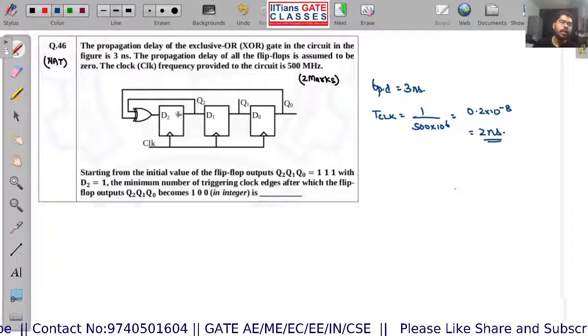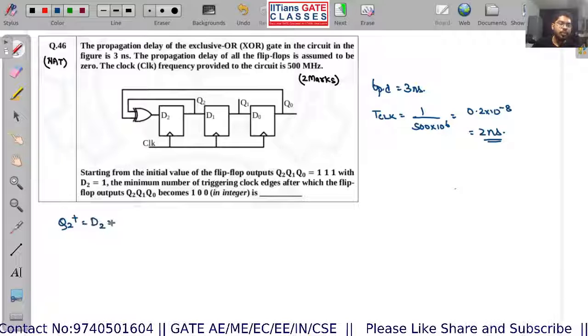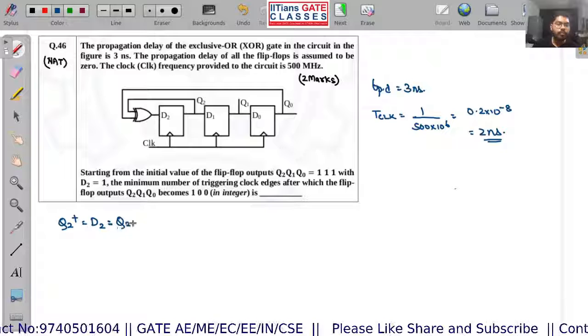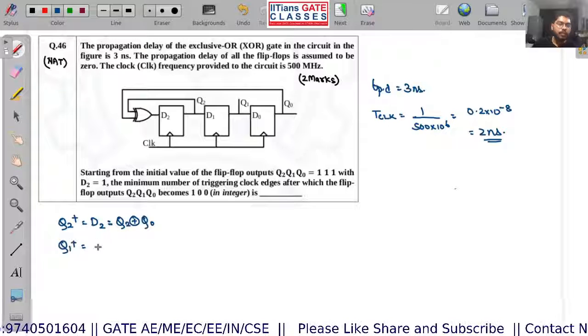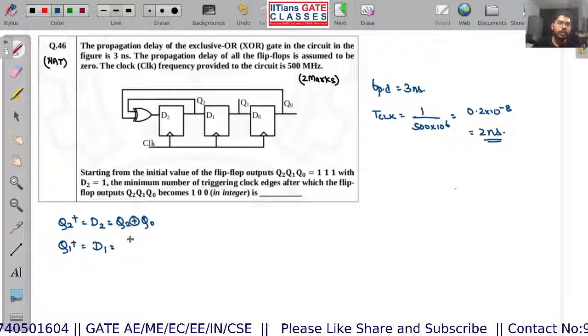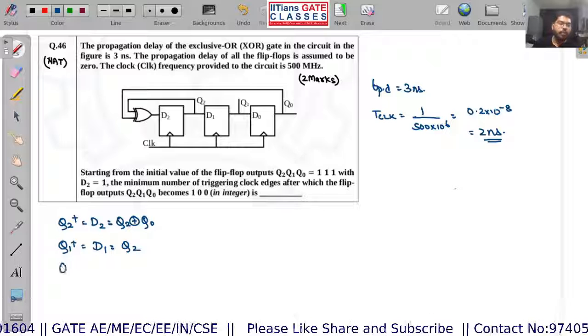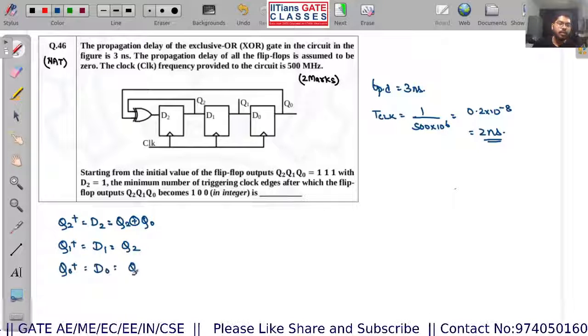So let me find the next state equation. Q2 plus is equal to D2, which is Q2 XOR Q0. Q1 plus is equal to D1, which is Q2. And Q0 plus is D0, which is Q1.